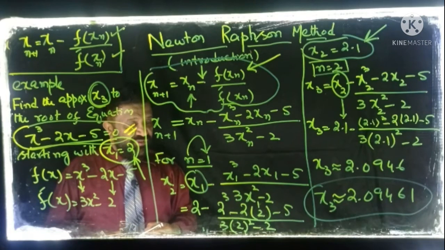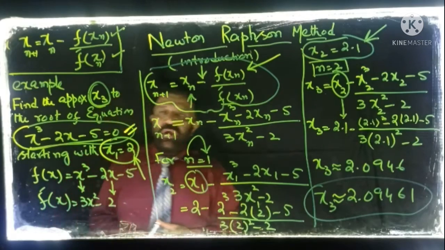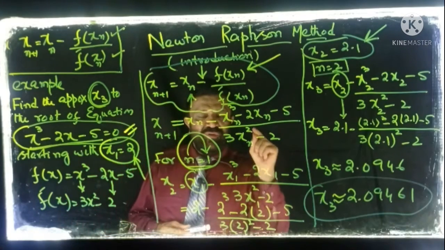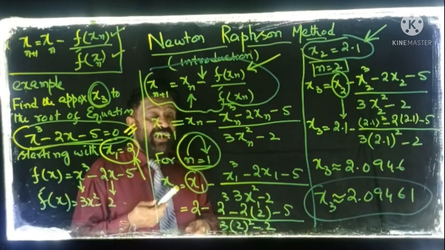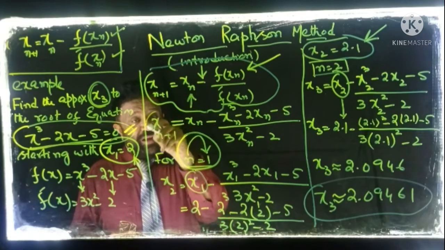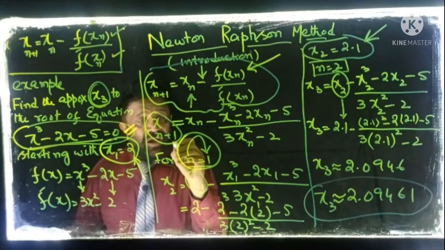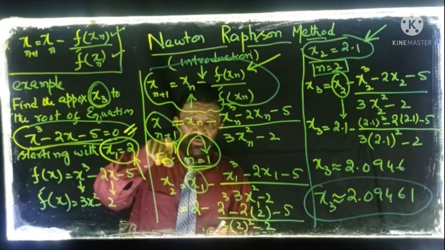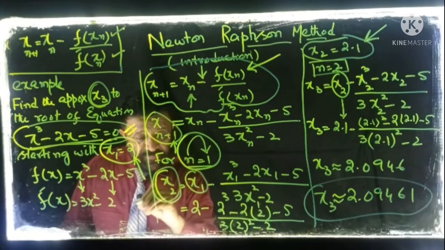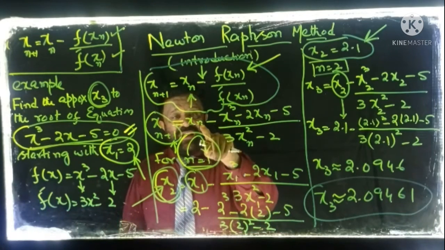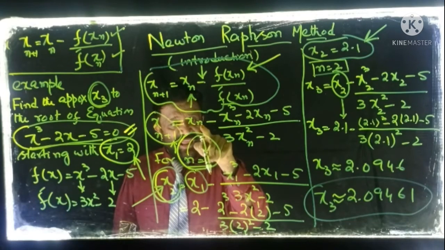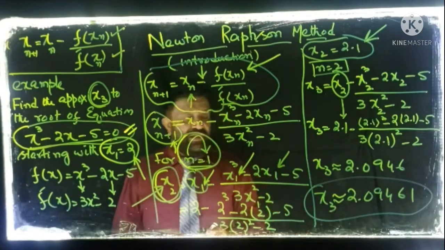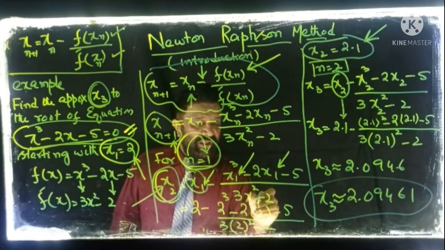Now the procedure to find its value: you put n is equal to 1, where you see n written, instead of that n you write 1. So x_{n+1} becomes x_{1+1}, that is x2, equals x1 minus x1 cube minus 2x1 minus 5 divided by 3x1 square minus 2.